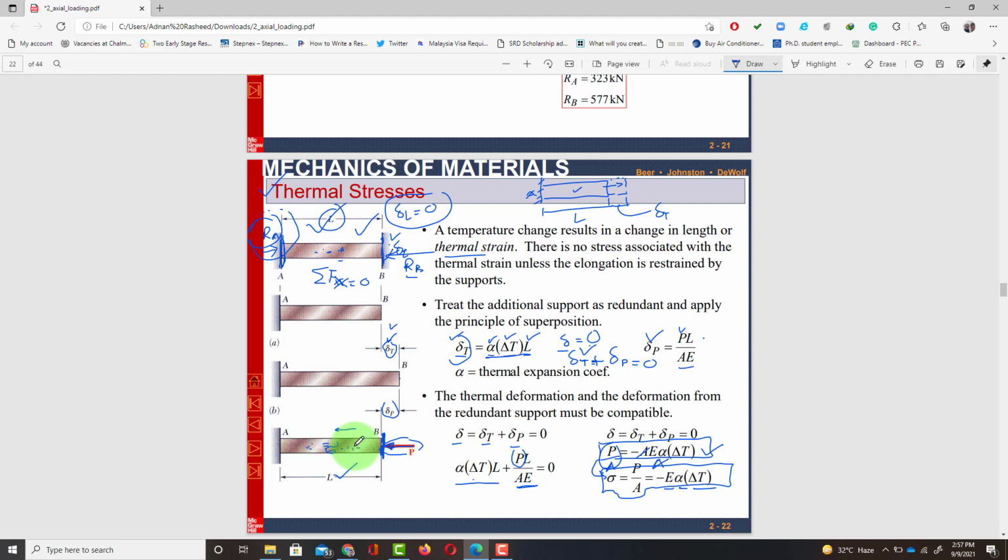The value of these thermal stresses can be found by using the equation sigma is equal to minus E alpha into delta T, and this is known as thermal stresses. Clear?